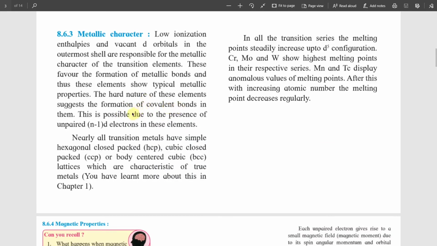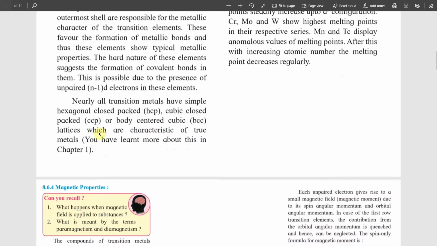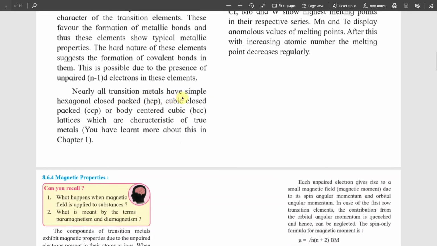This is possible due to the presence of unpaired electrons in the n-1 d orbitals of the element, leading to formation of covalent bonds.